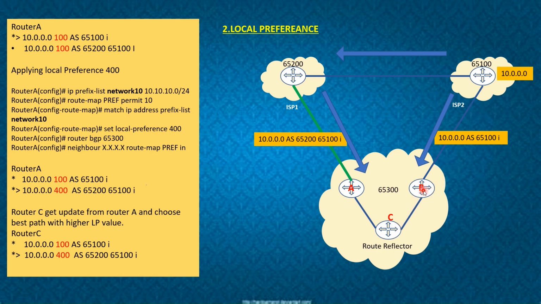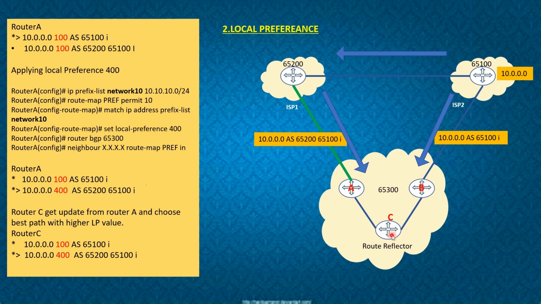So the route reflector will learn this 10 network from both router A and B: from A with the local preference value 400, from B without a local preference value. So router C will send router B's route to A, and router A's route to B. It will also make the best path to reach the 10 network via A, because the 10 network learned from router A has a local preference value of 400, so that becomes more desirable.